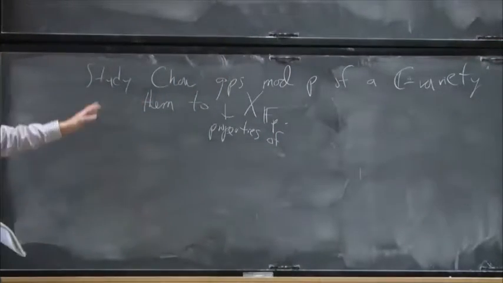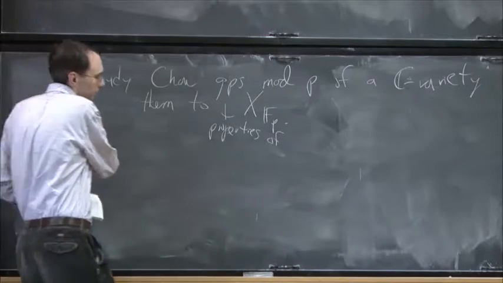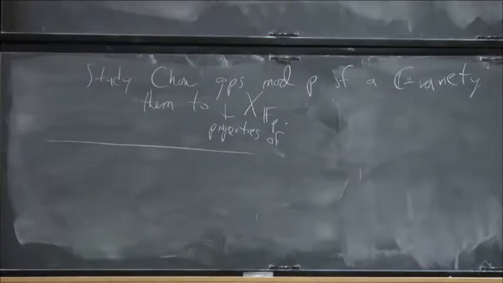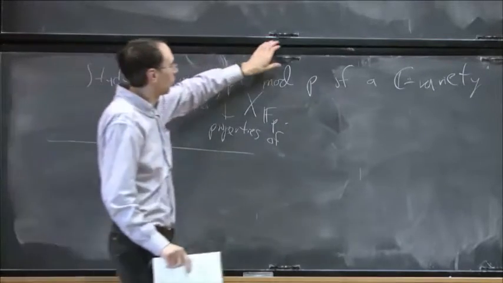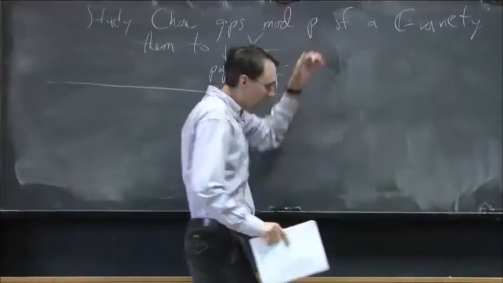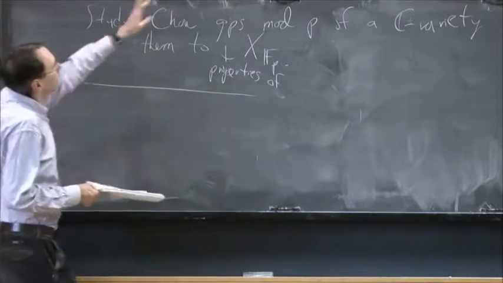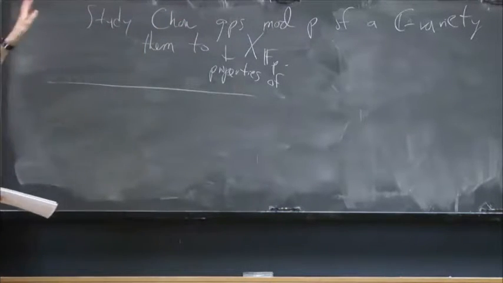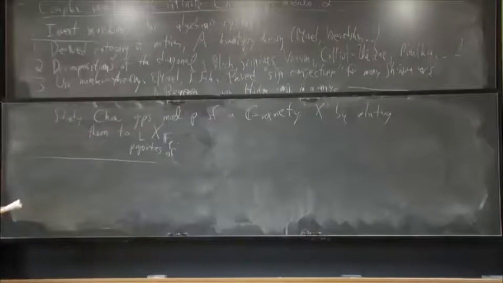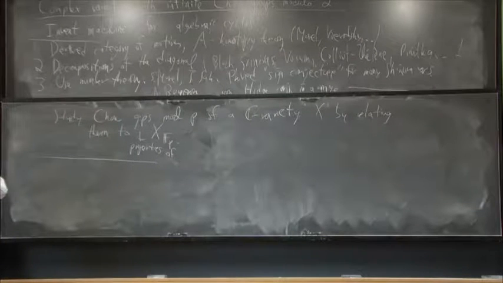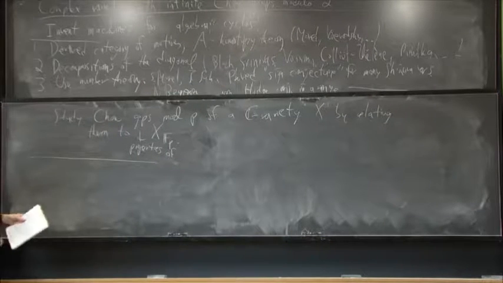It's a vague way of putting it, but there's enough that you could do that way. You still need to do some work by hand, it seems, but it's getting much more like a general machine. In particular, I gave this example of complex varieties with infinite Chow groups modulo 2 using this idea. There's a long history to this idea, some of which I'll describe first.